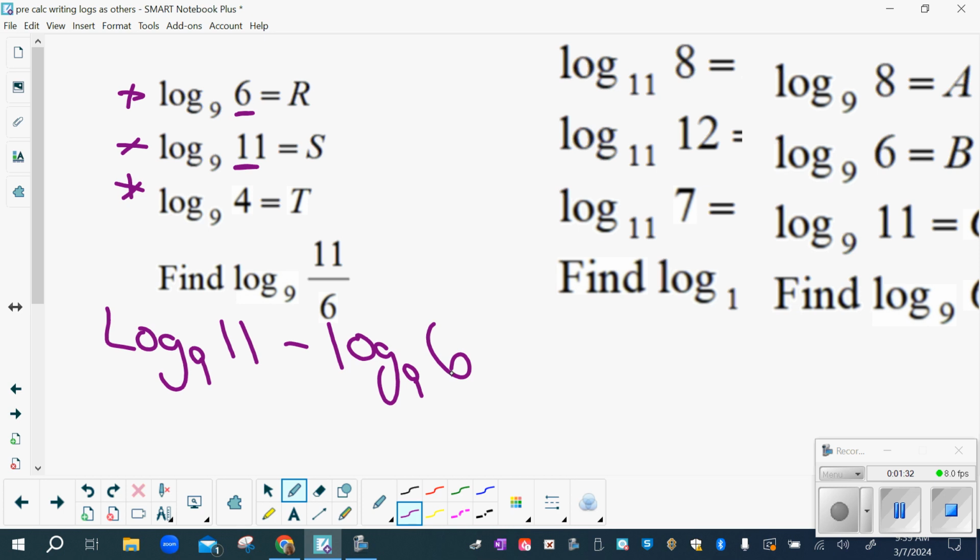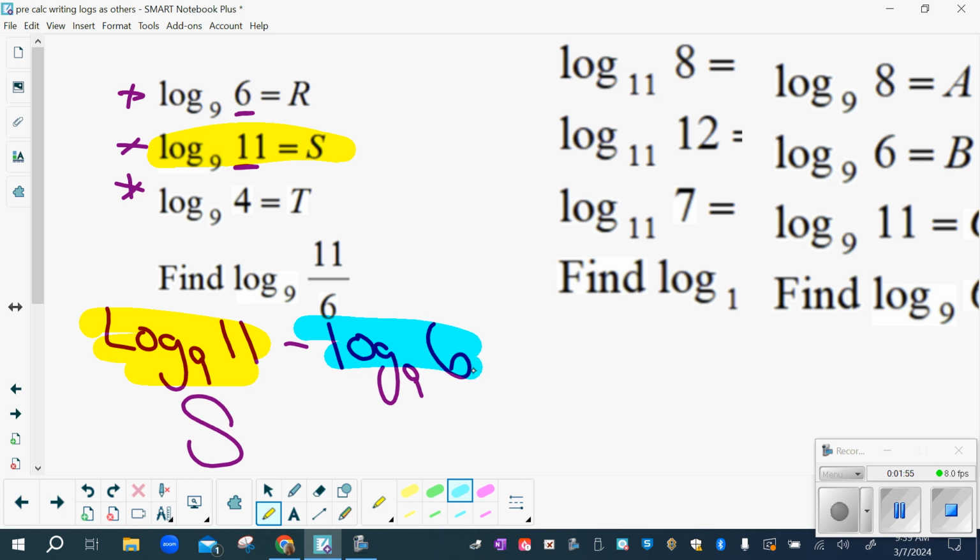Because I need to rewrite this using these guys, right? So I'm going to expand it out. Now watch what's cool. I know what log 9 of 11 is. It's right here. So I'm going to pop out log 9 of 11 and pop in S. And I know what log 9 of 6 is.